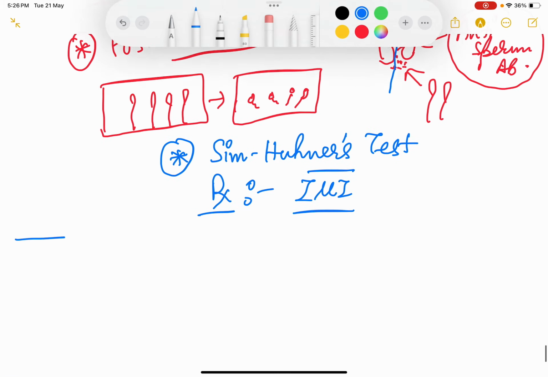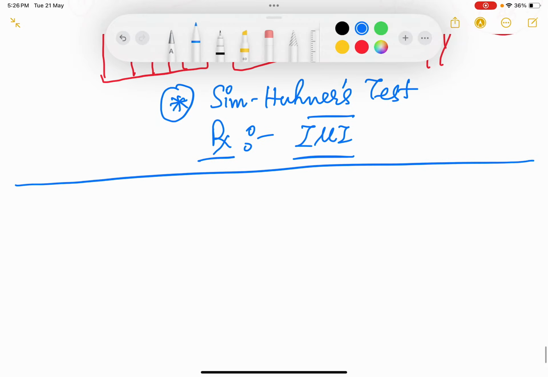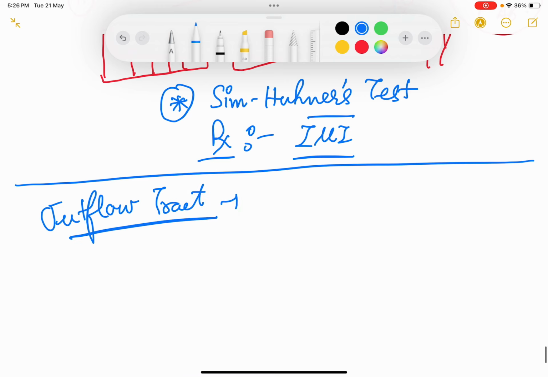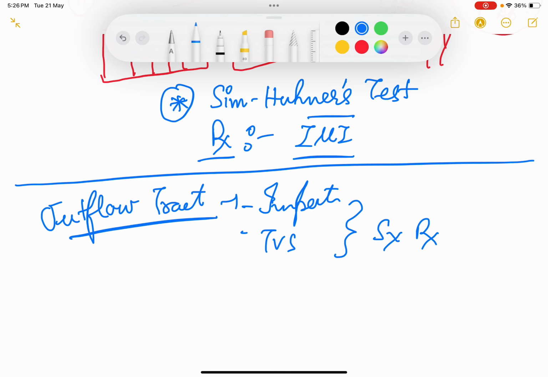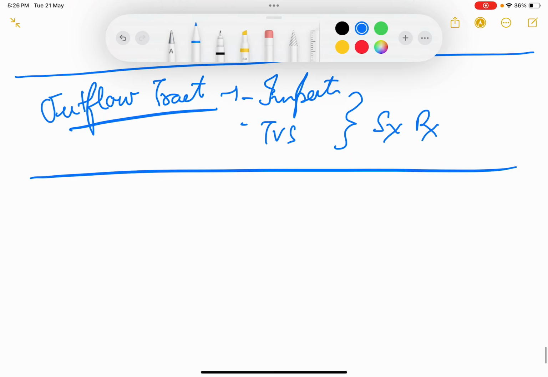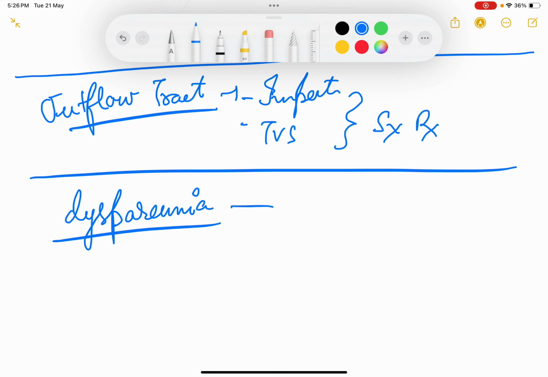Okay. Apart from cervical factor infertility, there can be a defect in the outflow tract. There can be a problem in the outflow tract. Patient can have imperforate hymen, these you all know, or patient can have transverse vaginal septum, for which there is surgical management, whereby a cruciate incision is given and then all these things are done. Some patients have painful dyspareunia, that is, they will have very much pain during sexual intercourse.